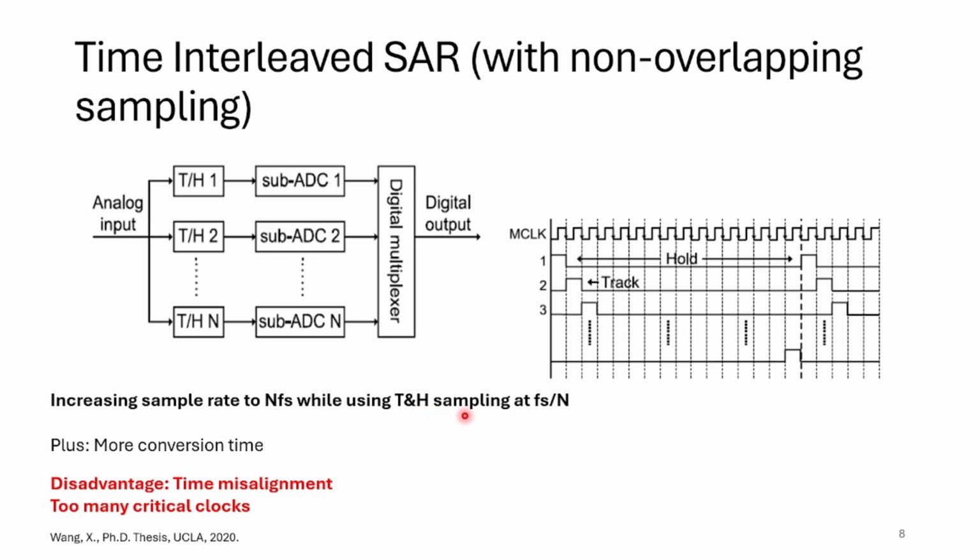While the bandwidth of these ones is still fs divided by n. As you see in the timeline here, each time the main clock tells one of these to take a sample, and by this you increase the sampling rate, while you do not need to increase the frequency behavior, like to make the frequency behavior of the track and hold better.